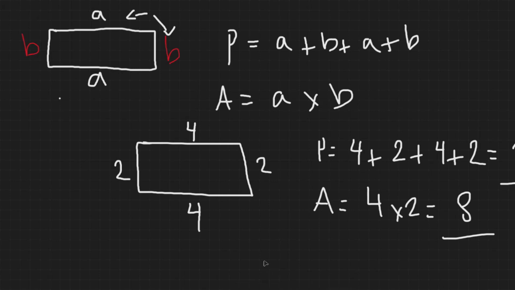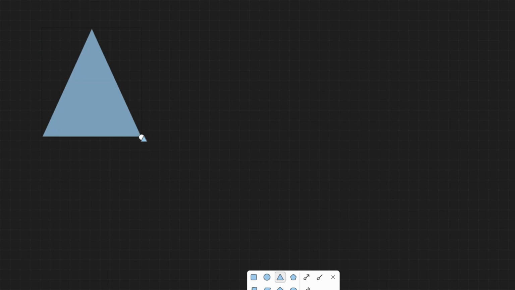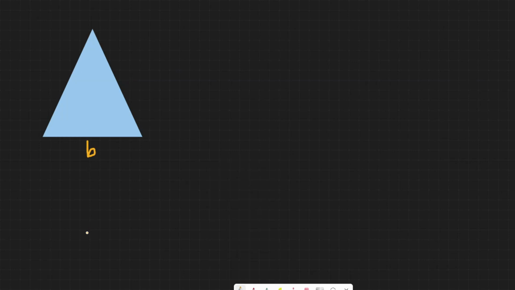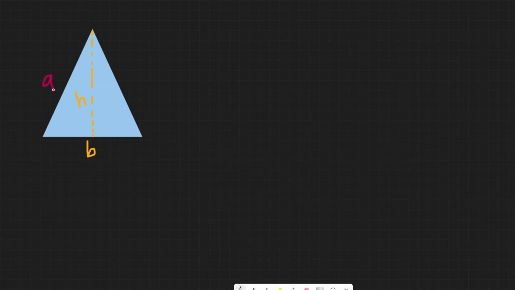Alright, perfect. Let's move on with our next shape, which is the triangle. So in any triangle, we call this our base. We call this the height or h, and let's call these sides maybe A and C. Perfect.